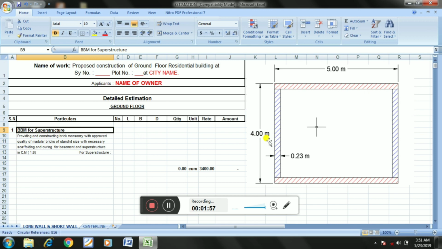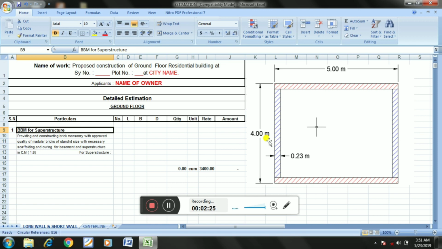I am not calculating anything for the foundation, the slab, or any other structural element. Only the wall, as it is a basic estimation part. So this will be the first tutorial on estimation of the building, using these two methods.